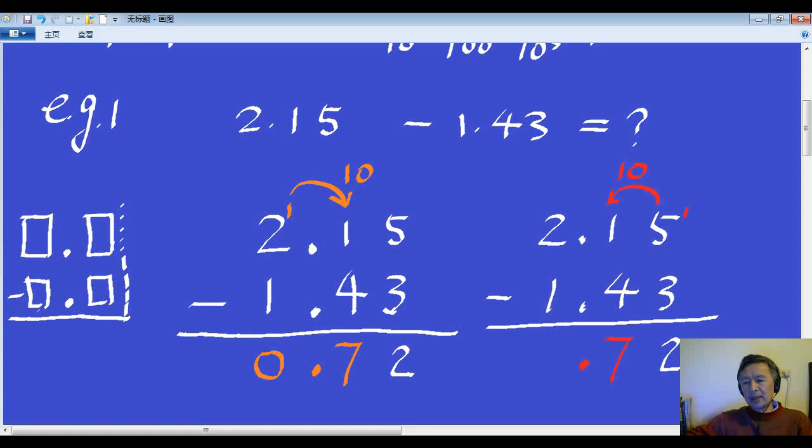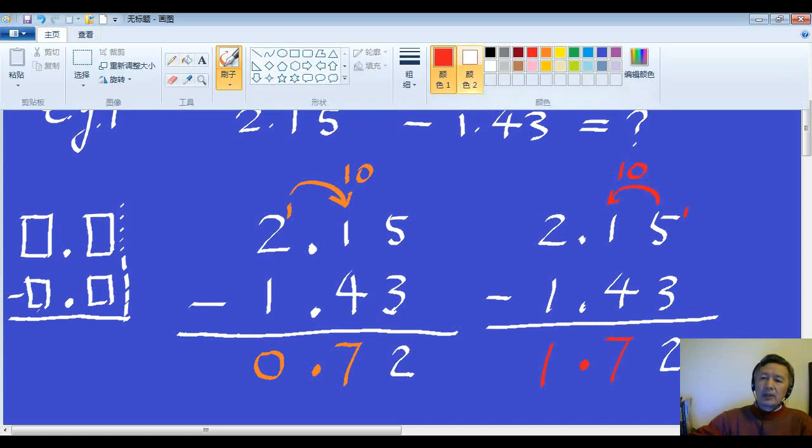Then the decimal point position. Because nothing was borrowed from this particular place, his result is 1.72. Of course, something was terribly wrong. Why?